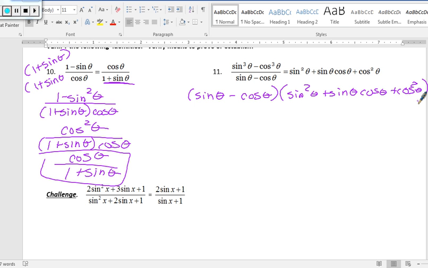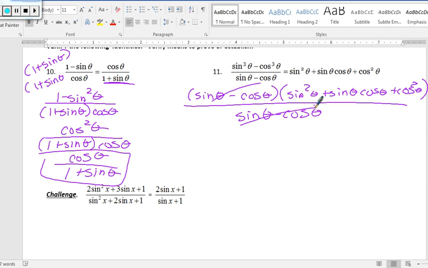So, same, opposite, always positive. That's just a factoring that you're going to need to have committed to your memory. All this is going to be over sine theta minus cosine theta.